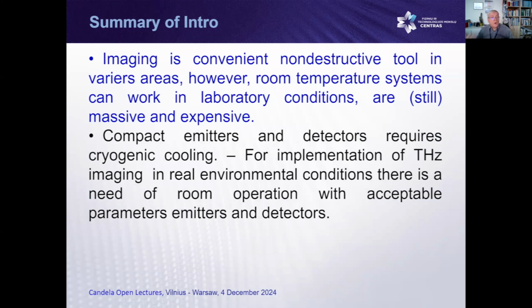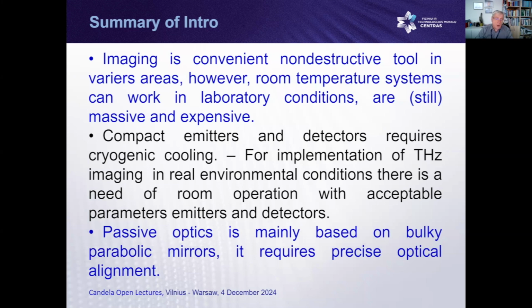And of course, in particular, if we go for delicate devices, we still need cryogenic cooling, while in real operation conditions, nobody wants any type of cooling, excluding any type of helium systems and even liquid nitrogen systems. Another thing is optics. All setups usually contain parabolic mirrors, which are not so big, but relatively bulky, two inches or so, but still delicate. With bulky optics, precise alignment is an everyday routine to realize terahertz imaging.